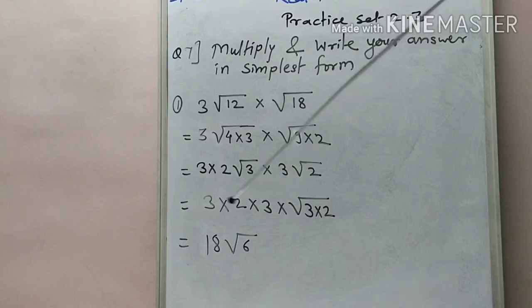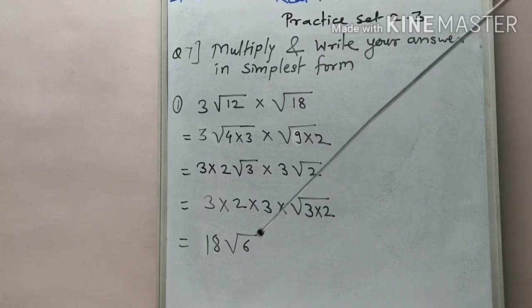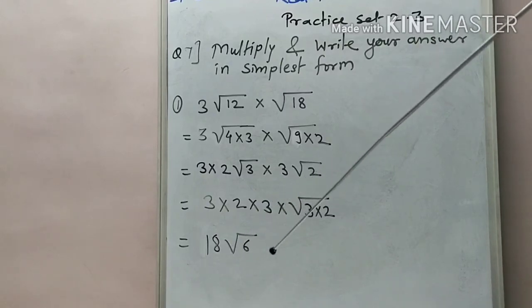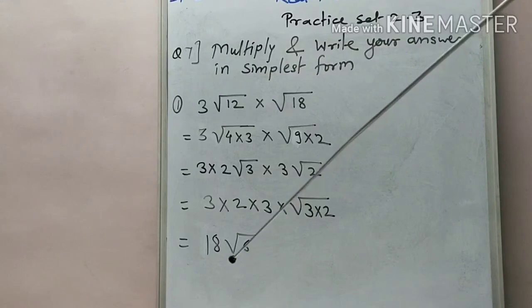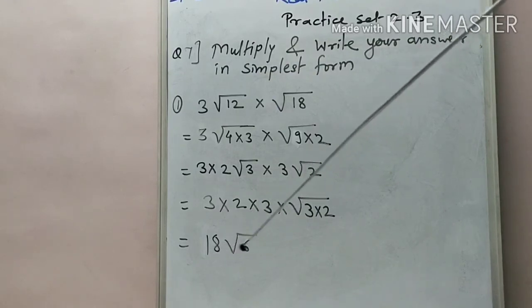As you notice, 3 2s are 6, 6 3s are 18, and in the radicands 3 2s are 6, and that 6 again we do not factorize as no factor gives us a perfect square. So here we write down its simplest form, 18 root 6.